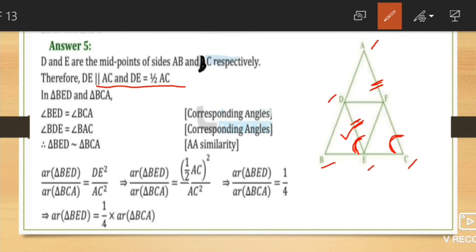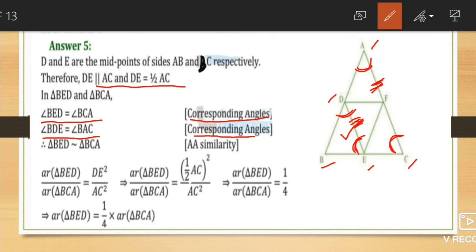Similarly, you can state that angle BDE will be equal to angle BAC. Why? Because again they are corresponding angles. These two are parallel. If you consider BA as transversal, you can say that this one will be equal to this one, by corresponding angles.